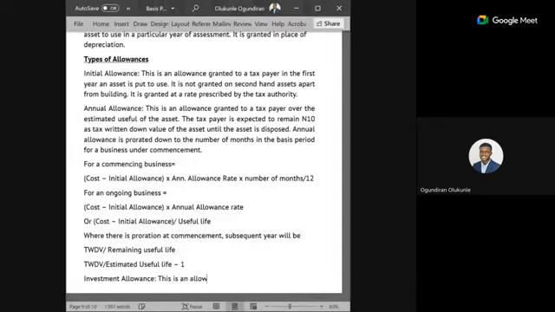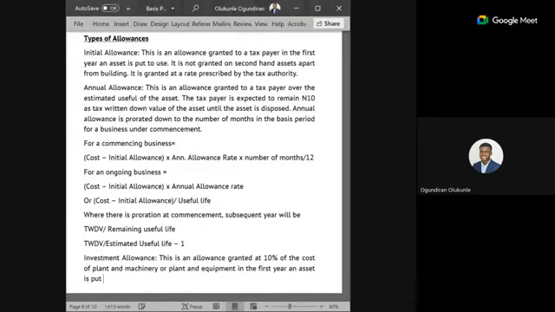This is an allowance granted at 10% of the cost of plants and machinery or plant and equipment in the first year an asset is put to use.